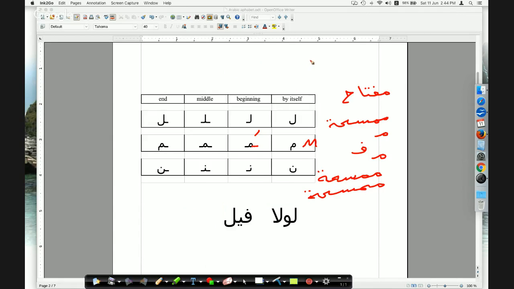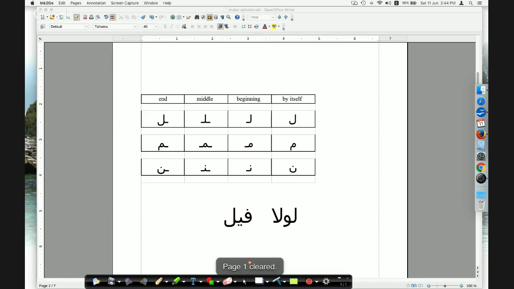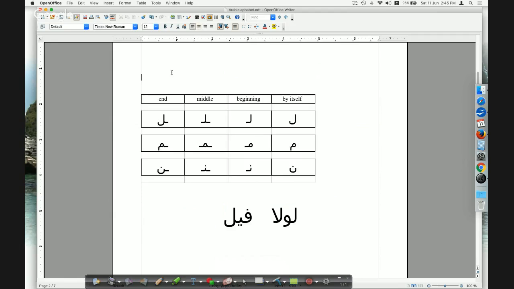Let us write it better. Mim, mimsaha. I will type it as a print so you will see the difference between the writing and the print. All right.